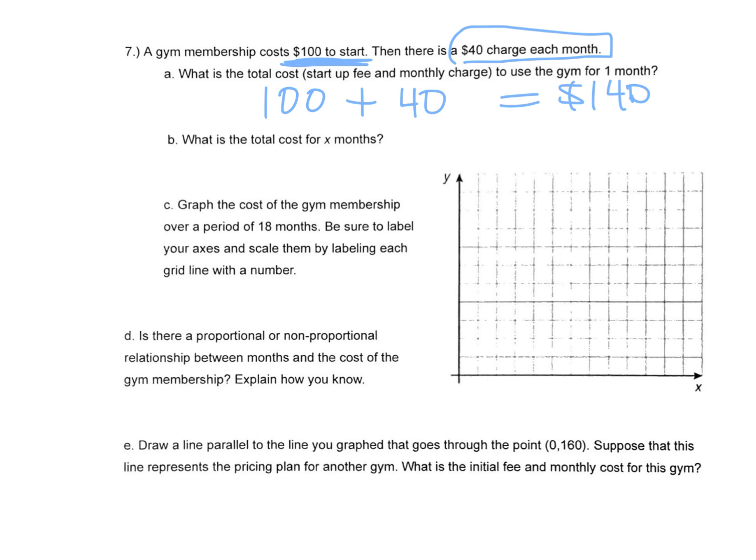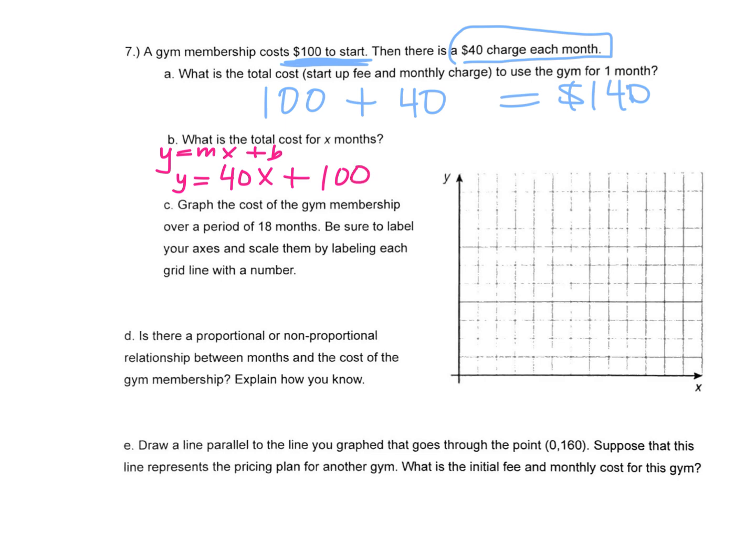That's where we're going to write our equation. y equals mx plus b. So y equals the rate, which is $40, x, and then the startup or the initial value is 100.